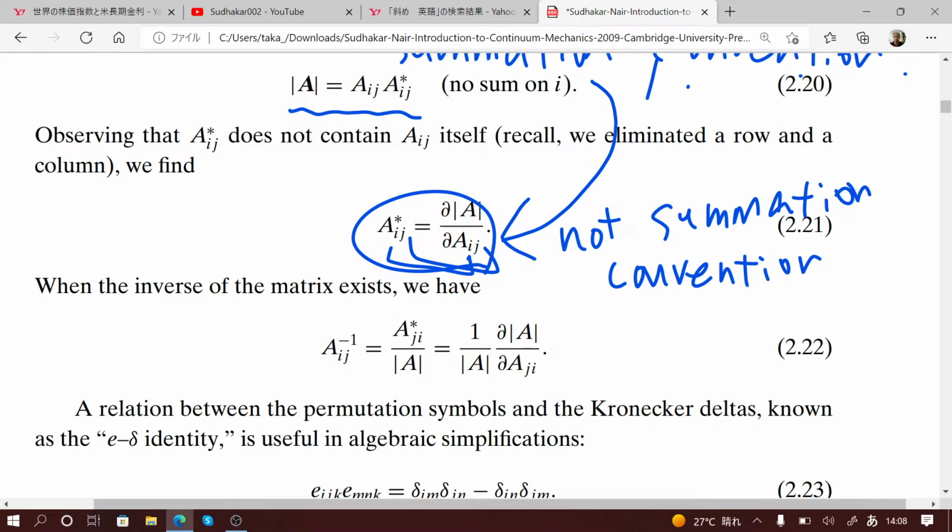It's interesting, no? Where is the inverse?